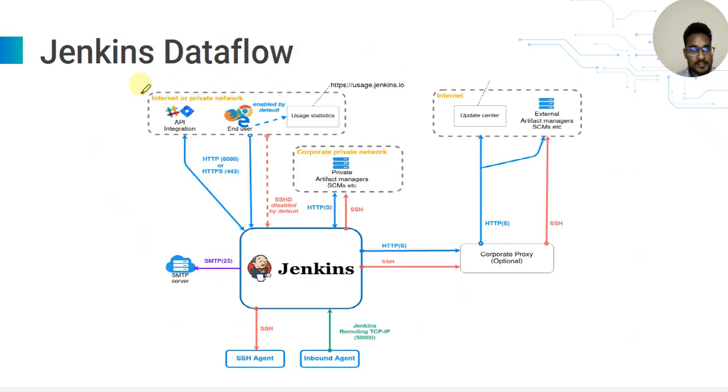Next topic is Jenkins data flow. Jenkins SMTP server, this is SMTP server port is 25. This is Jenkins SSH agent, inbound agent. Jenkins remoting TCP/IP 50,000. Okay. Jenkins is connected to this internet or private network.